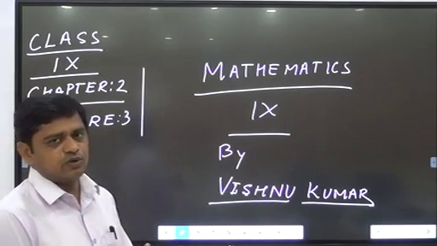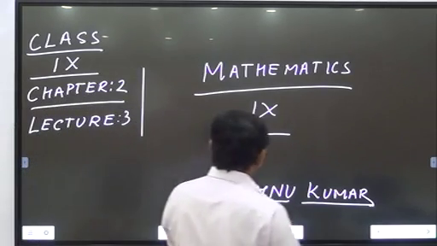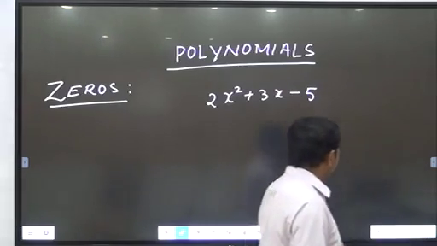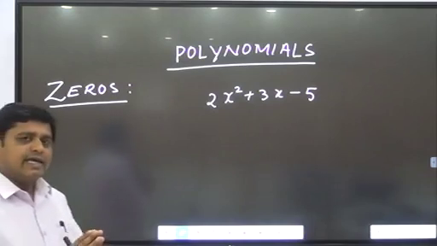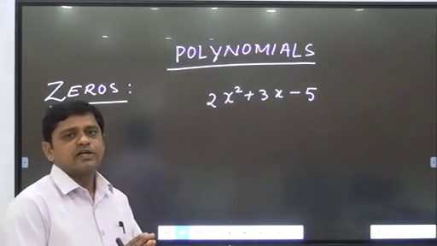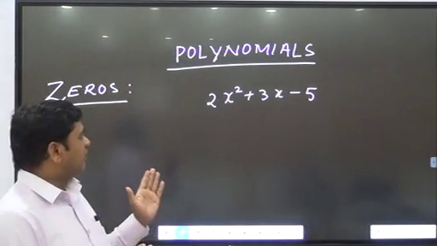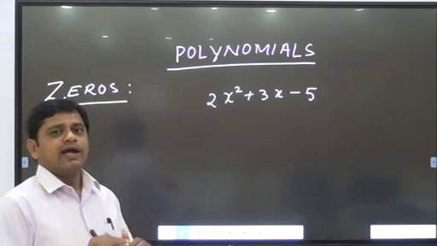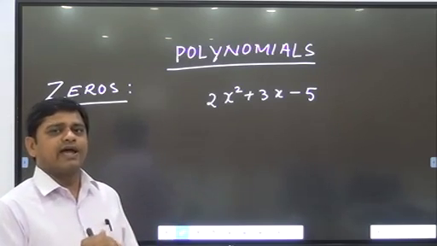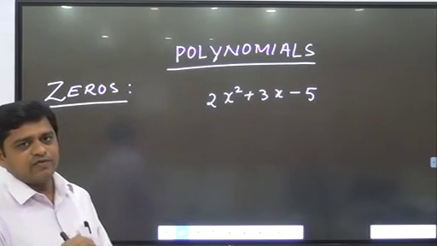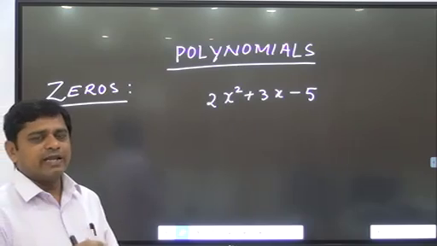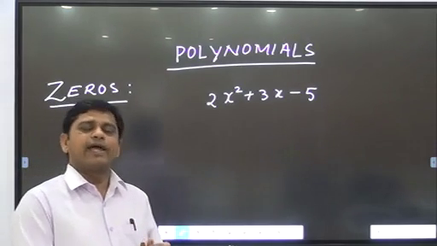I will start with the given polynomial 2x square plus 3x minus 5. What is the value of this polynomial at any value of x? First we learn how to find the value of a polynomial at any particular value of the variable x.